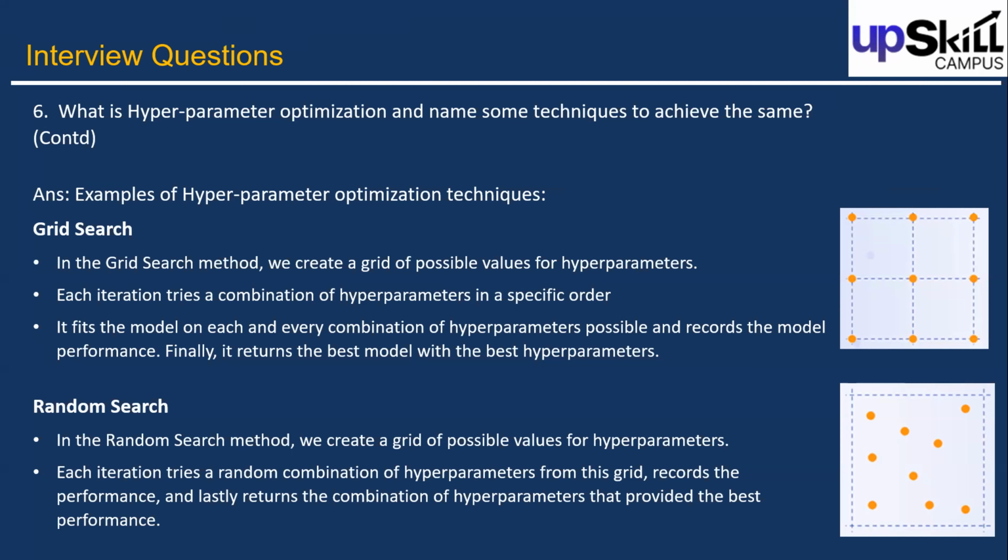So what is the major advantage and disadvantage of grid and random search? Sir, I guess grid search CV will give better accuracy because it tries every possible combination. Yes. And what is the disadvantage of grid search? It takes time.